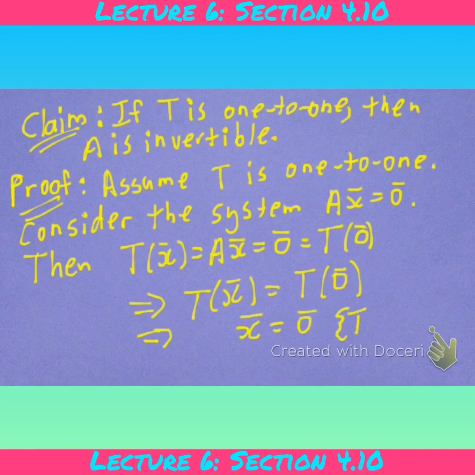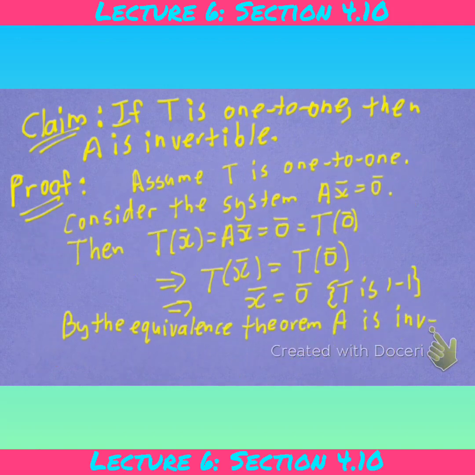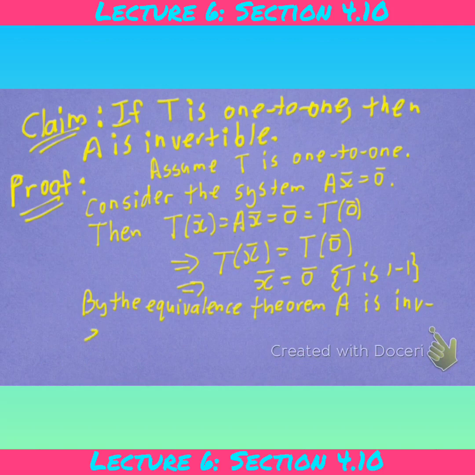So by the equivalence theorem, A is invertible as A X bar equals 0 bar has only the trivial solution.